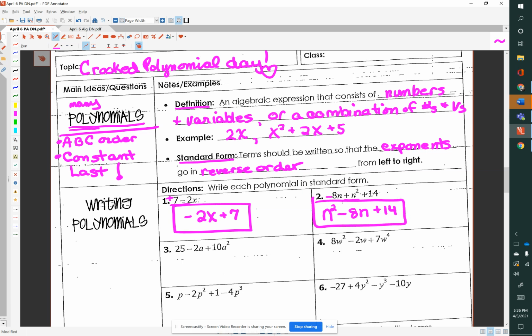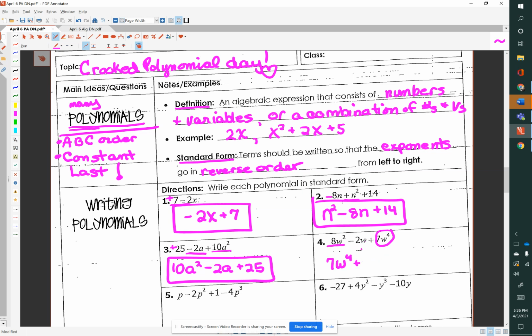Number 3, we'll start with the exponential term, the 10a squared, then the minus 2a, and then the 25 has an invisible positive sign, and we'll put that last. Number 4, we have all w's, so we're going to start with the highest exponent, so that's that positive 7w to the 4th, then we have a positive 8w to the 2nd.